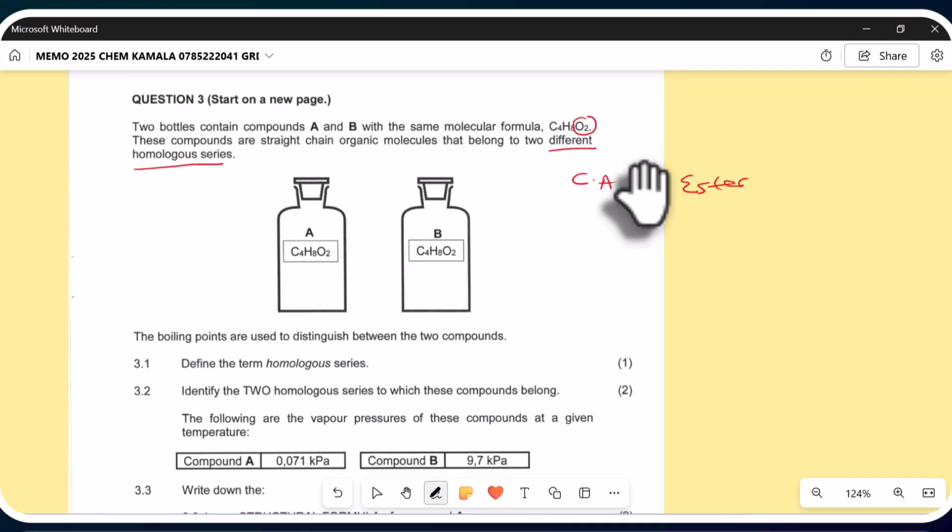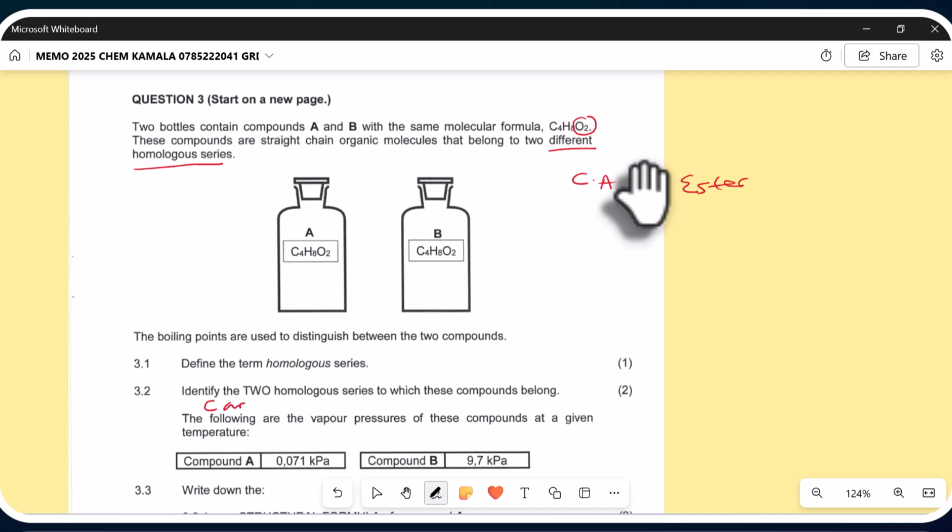Now, these two compounds have got the same molecular formula, but because they are giving us different vapor pressures, it means that they have got different boiling points.